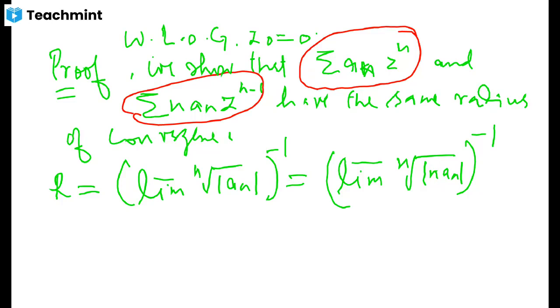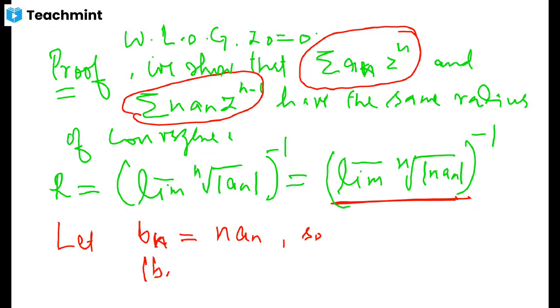So let us begin with this limit. Look at this thing. Let me write the coefficients of this power series as b_n equals n times a_n. So b_n to the power 1 by n has to be n to the power 1 by n times mod a_n to the power 1 by n.